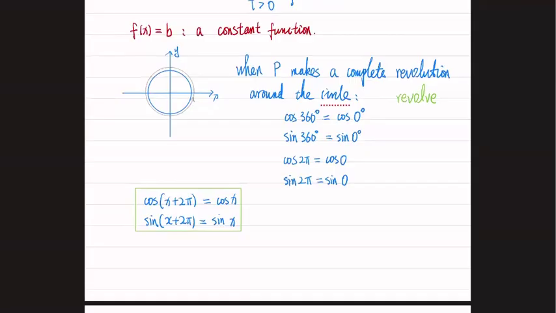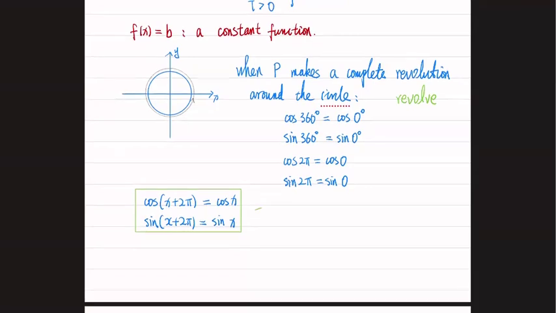So now we can conclude the two functions are periodic. Conclusion: sine x and cosine x are periodic, and 2 pi is a period.